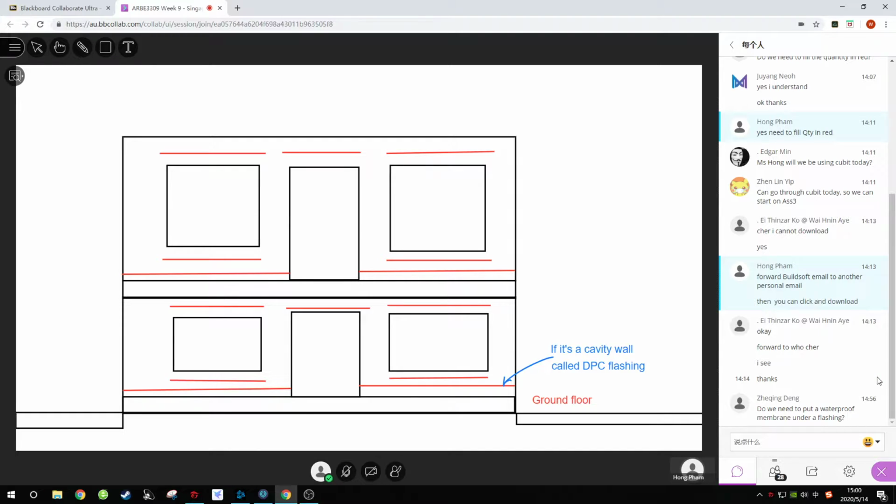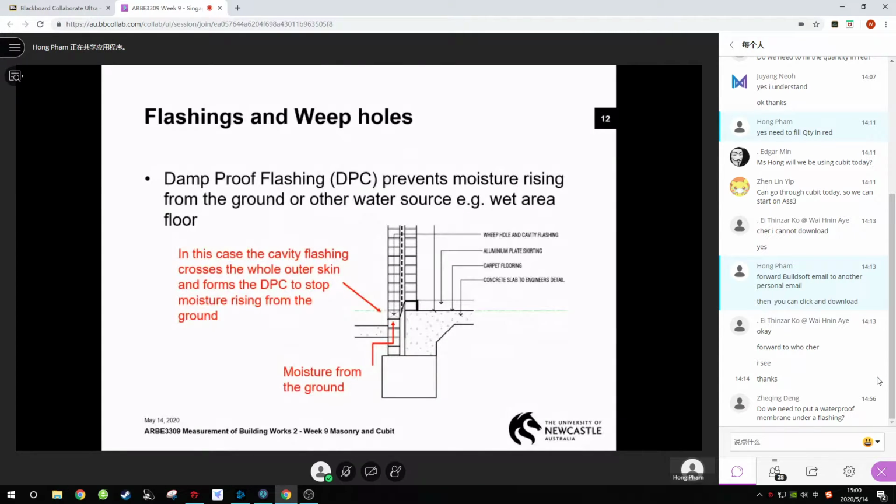Now next we move on. I want to show you the cavity flashings. DPC flashings prevent moisture rising from the ground or other water sources, like wet area floors.